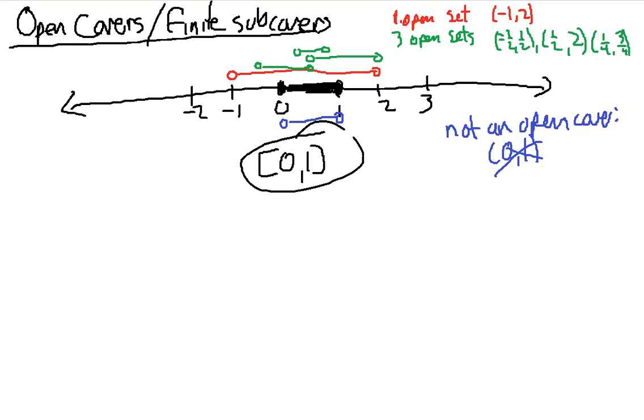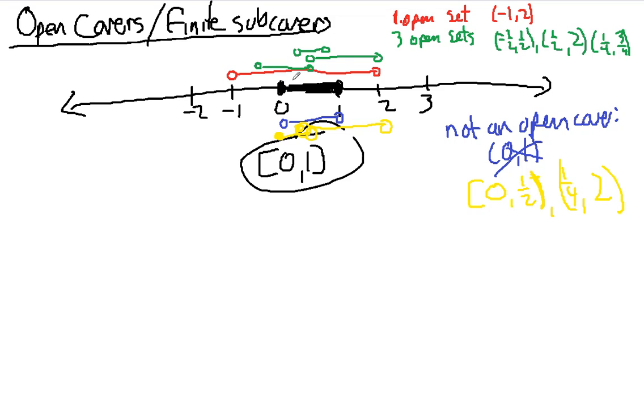So here's another example. See how visible yellow is. I'm going to pick (0, 1/2), and then I'll pick (1/4, 2). So (0, 1/2) is 0, 1/2, and then I need 1/4, which is open, and then it goes all the way to 2.